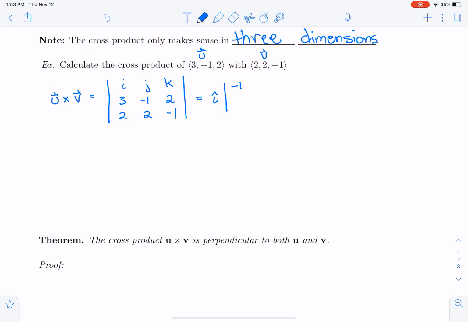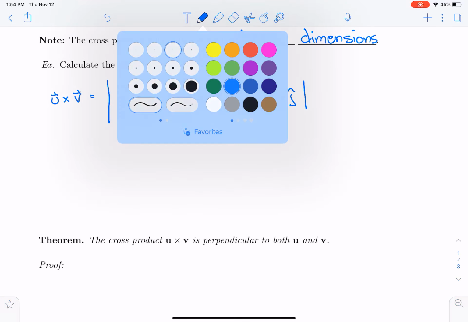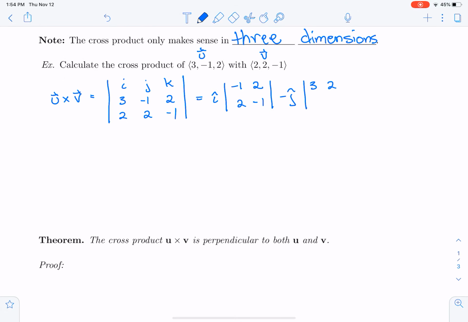Then I'm going to subtract j. And here I'm going to cancel out that row and that column. What I'm left with is 3, 2, 2, -1.